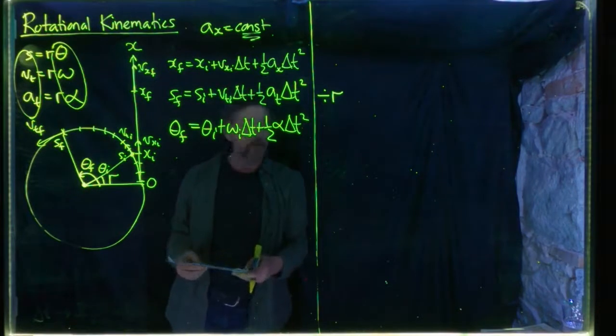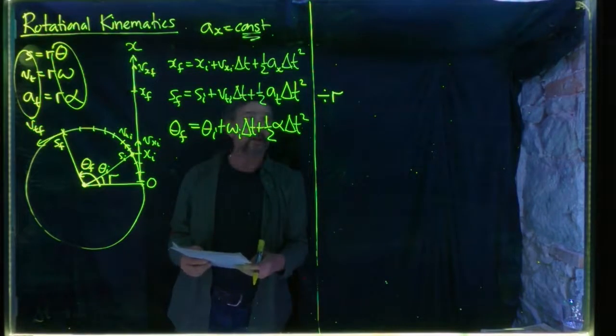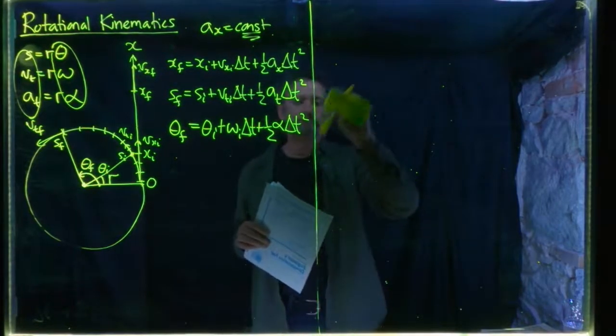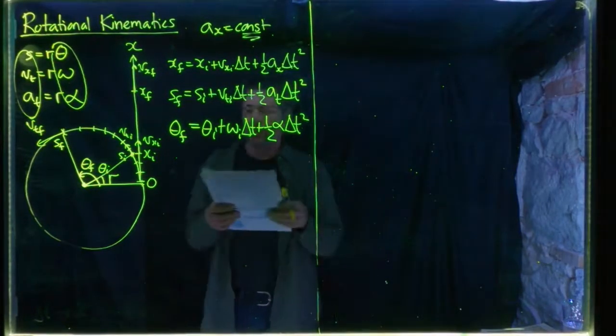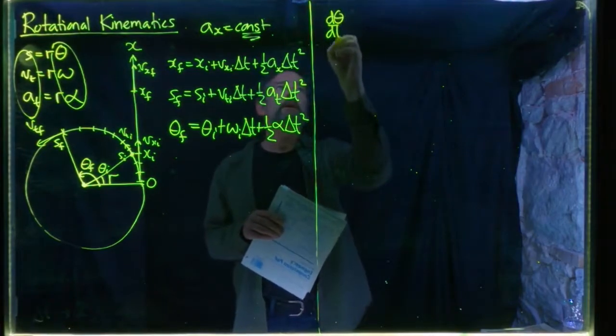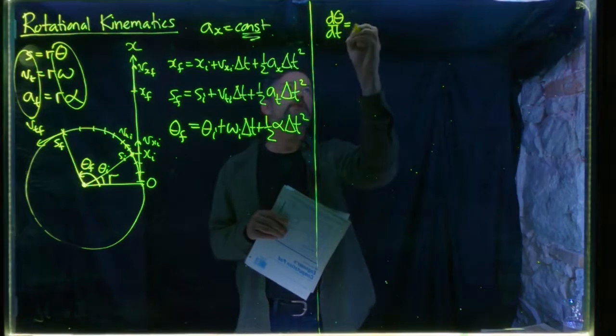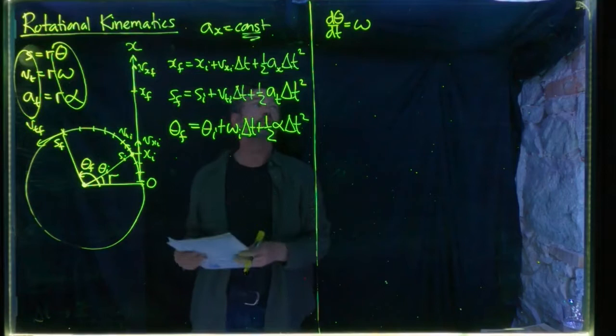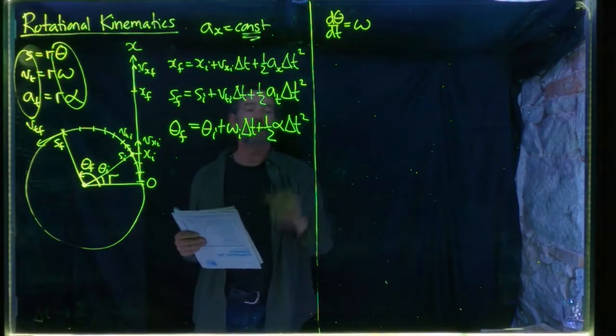So we know that in general there's a relationship between omega and the angular position theta. So omega is d theta dt. It's the rate at which the angular position is changing, which gives you the angular velocity.